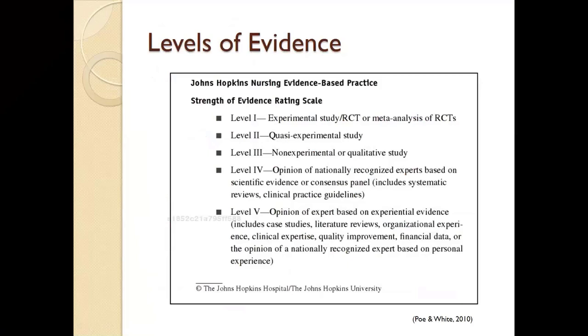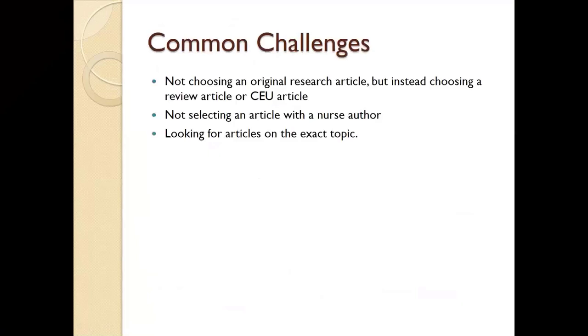And level 5 is where you've got case studies, literature reviews, quality improvement. I think when you look for articles, a lot of these are going to come up. Literature reviews obviously come up, and quality improvement projects also come up as well. So just keep in mind, depending on the type of article you have, it's going to have a different level of research, different level of evidence.